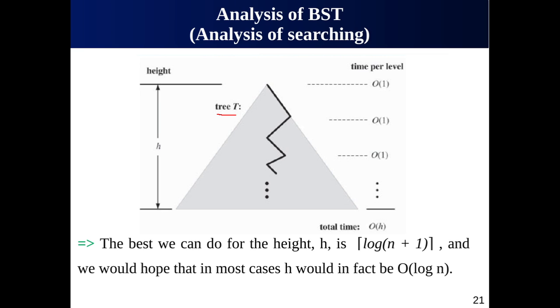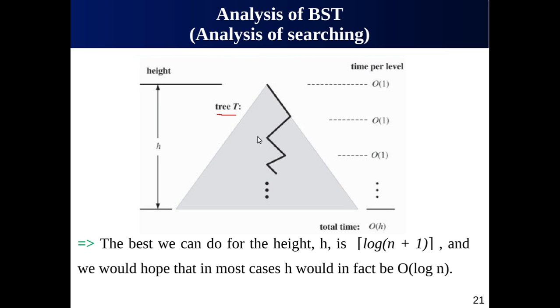In other words, you can simply say that we spent a constant time, big O of 1, per node that we visited. So in summary, the search method runs in O(h) time, where h is again the height of the binary tree T. In this figure, the running time of searching in a binary search tree is given.